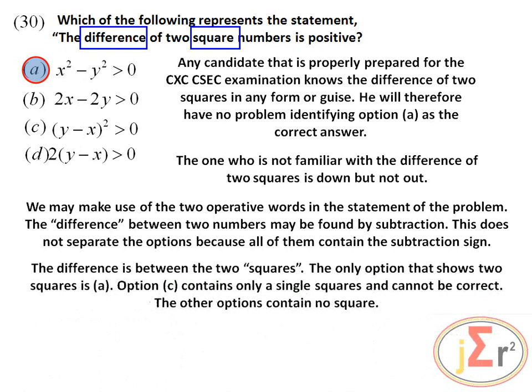The difference is between the two squares that we may be able to use. That the difference is between the two squares. The only option that shows two squares is A.